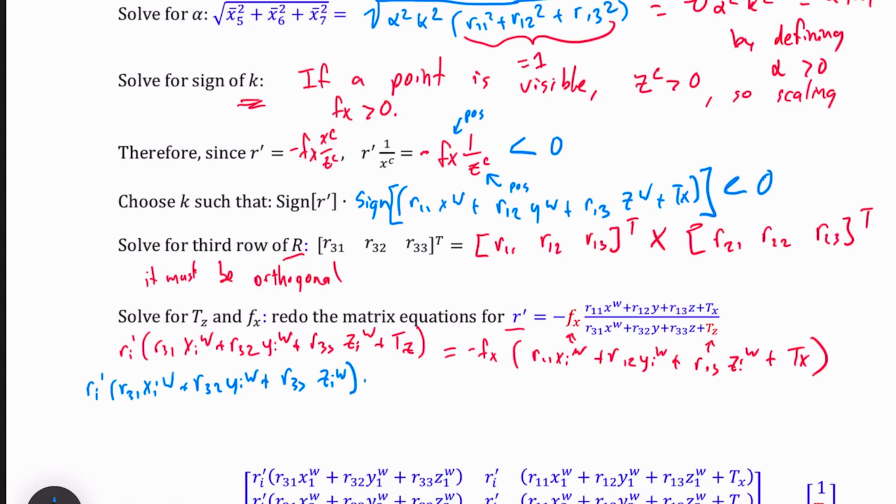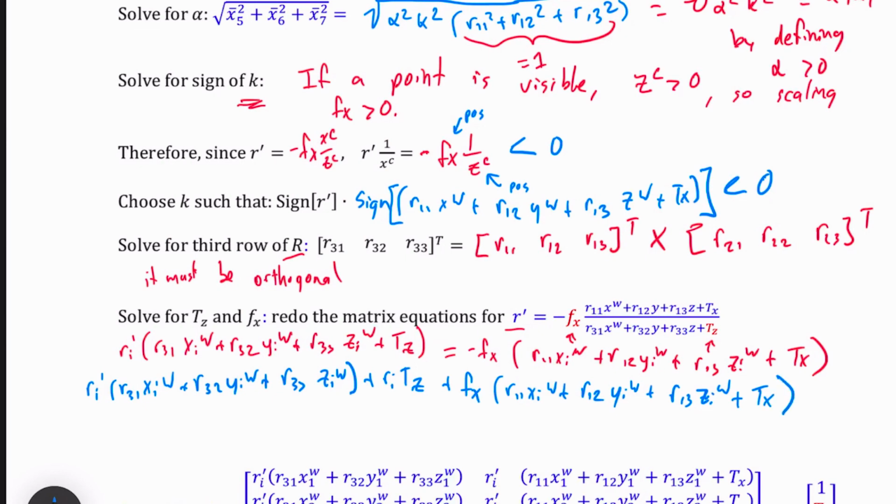And then I'll put my first simplification here plus ri tz, and then we'll add the other side plus fx times my r11 xi world plus r12 yi world plus r13 zi world plus tx.